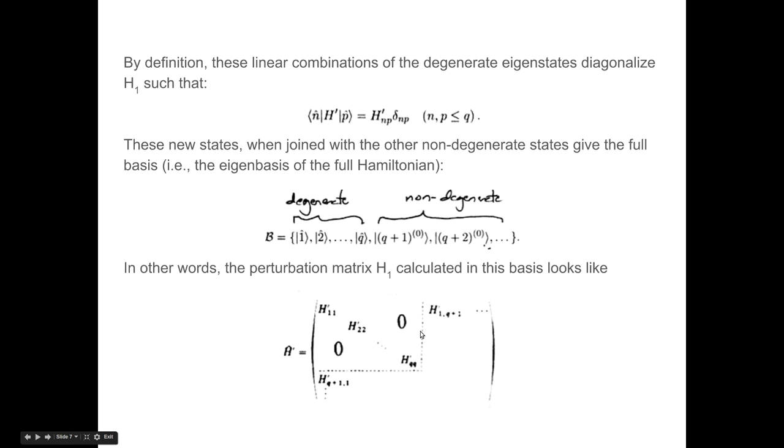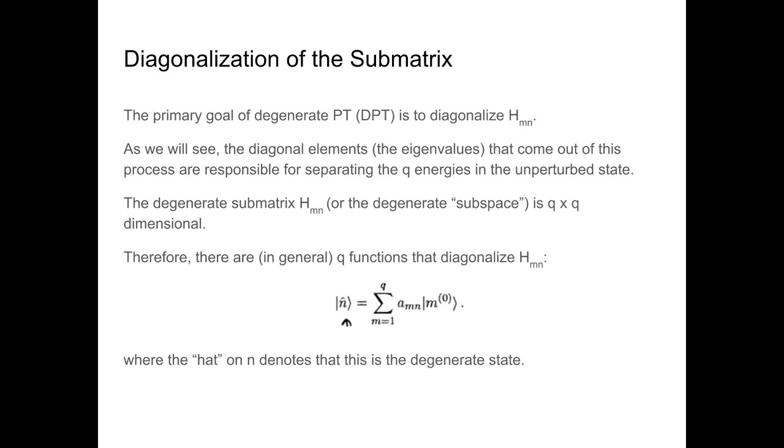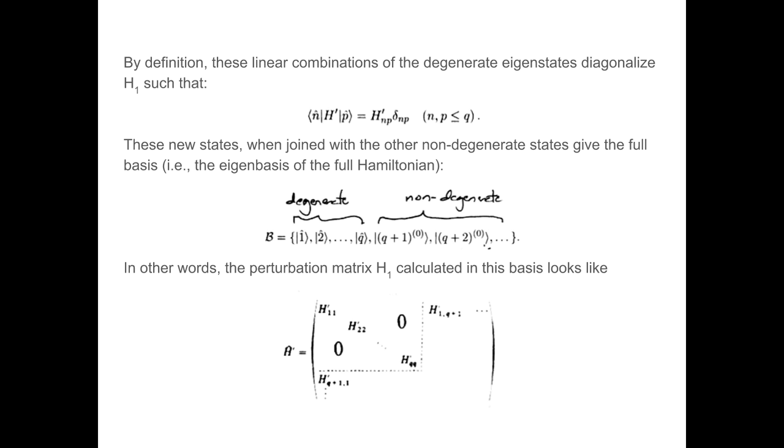All right. So by definition, these linear combinations are going to diagonalize H1. We haven't specified exactly what these states are, but we know that by definition they're going to be the ones that diagonalize the degenerate submatrix, right?